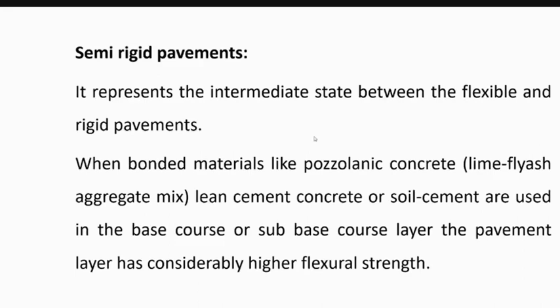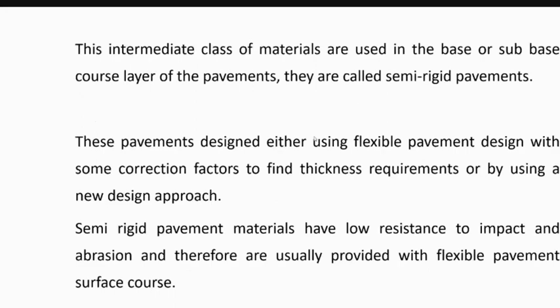Those are used for preparing the dry lean cement concrete or soil cement concrete for the construction of base and sub-base layers, and it will enhance the flexural strength. That kind of pavement we are calling a semi-rigid pavement.